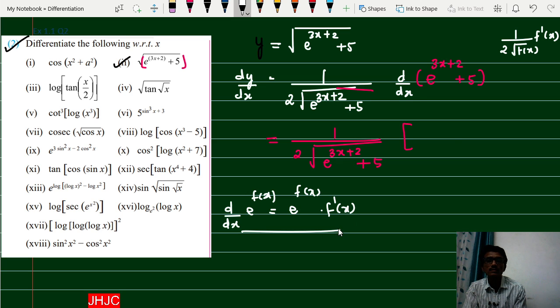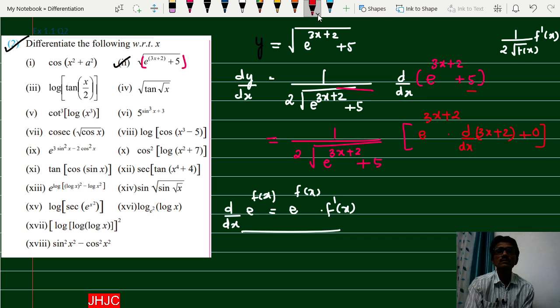So applying this result, we get here derivative of e raised to power 3x plus 2 as e raised to power 3x plus 2 into derivative of 3x plus 2, and plus derivative of 5 is 0, constant.